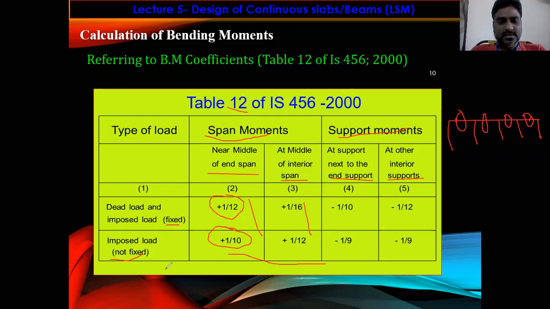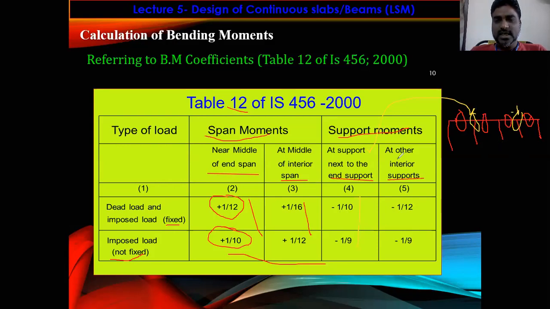Next one is at support next to the end support. The support next to the end support is this one, and this is also next to the end support. Whatever the coefficients here, these are useful to determine the bending moment at this place, right?